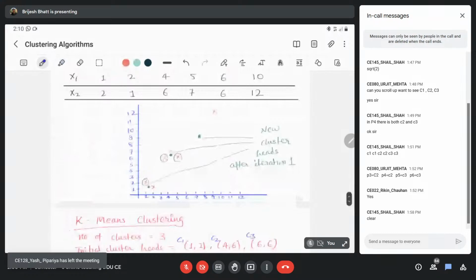Now the question is, when you are calculating similarity for a cluster which has multiple data points, what will be your representative point? Again, it can be the centroid or mean, average, nearest, or farthest.